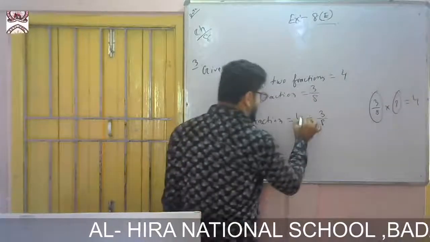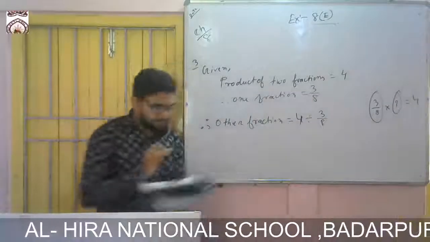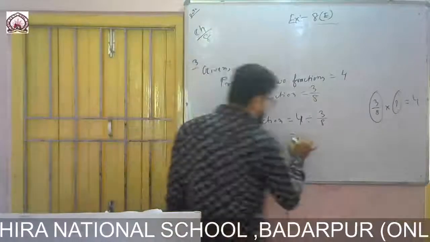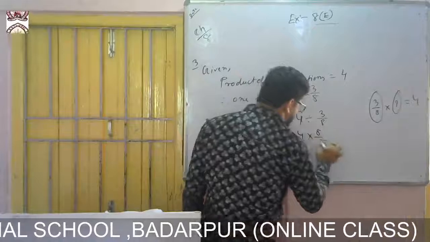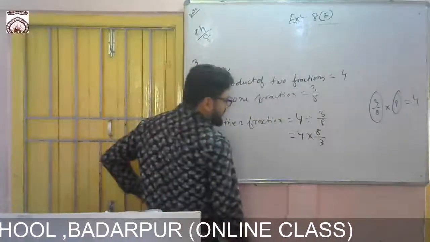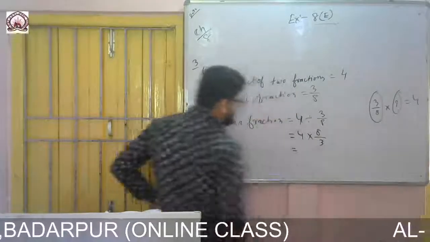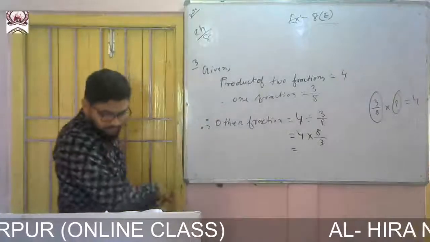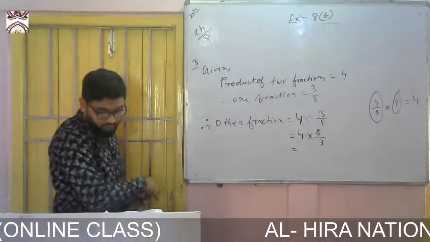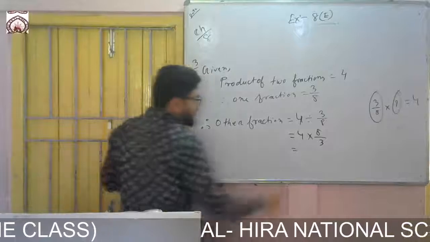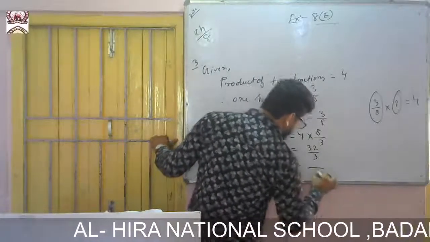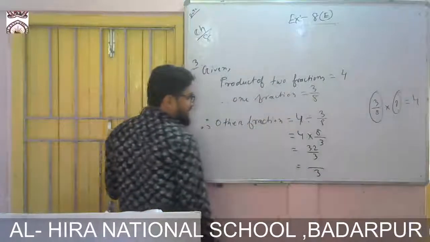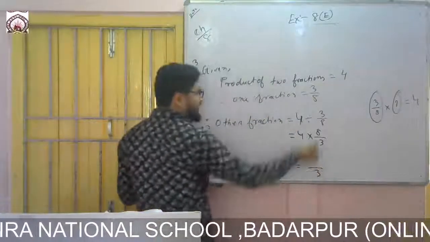So if we divide, we get the answer. 4 into, if I take the reciprocal, 8/3. So it is 32/3. If I take it into a mixed fraction, actually 32 by 3 is the required answer.